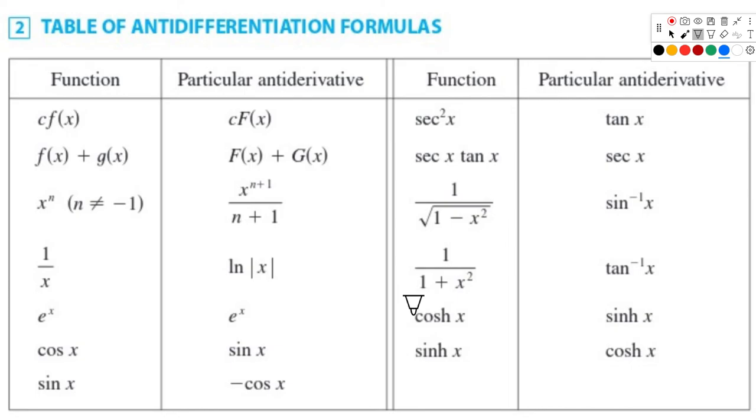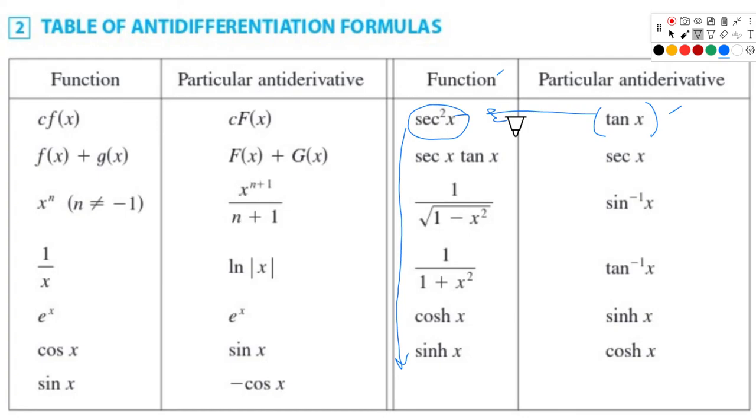This is in the textbook as well, and you might want to either print this out or write some of these out, because it's going to make it easier. Again, remember, these down here are all derivatives. These are the things we've been getting as derivatives. These are the antiderivatives, or the things they came from. So if I take the derivative of tangent, I get secant squared.